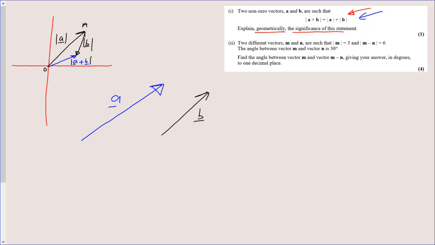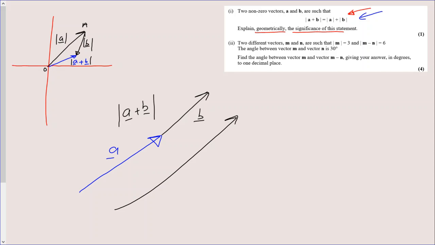They need to be in the same direction, because if I put those two vectors together like so, and I find the resultant of those two vectors, in this case A plus B, I can clearly see that the length of the whole line is equivalent to the length of the blue line and the length of the black line. So the significance of the statement is that the vectors are pointing in the same direction. Ultimately, they're parallel to each other and pointing in the same direction.